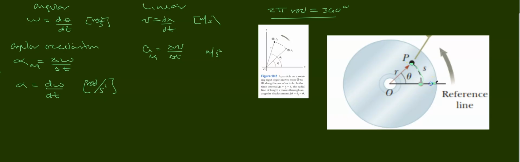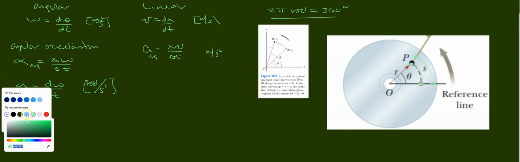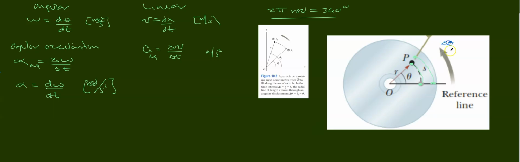Notice that another, different particle in the disk, moving through this segment of arc here, has the same delta theta. Both have the same delta theta. It is the same for everybody. For this particle or this particle or this particle moving from here to here, they move through the same angle.